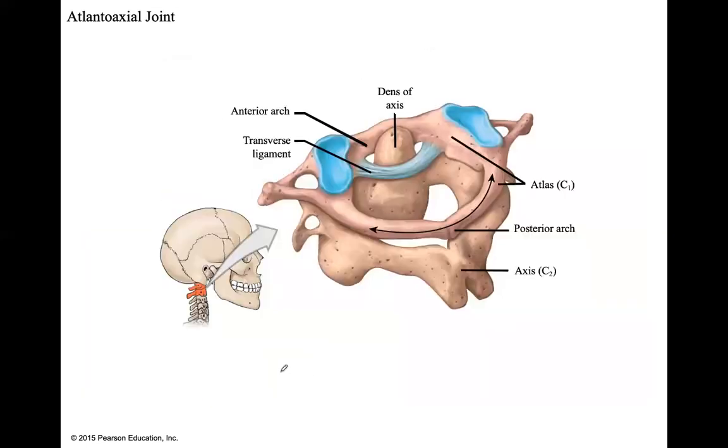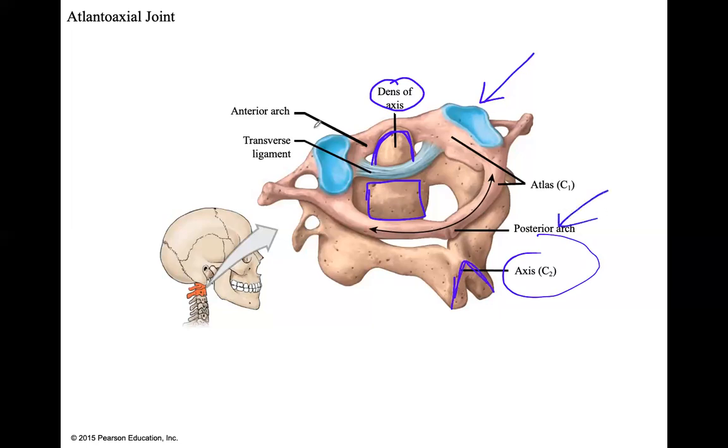From this view, here is the atlas, C1, and here's the axis, and C2 has this bony prominence sticking up that comes off the vertebral body of C2. You can see C2 does have a bifid spinous process, but C1 has this posterior arch and an anterior arch. And what holds C1 and C2 together is this transverse ligament going around in this direction.